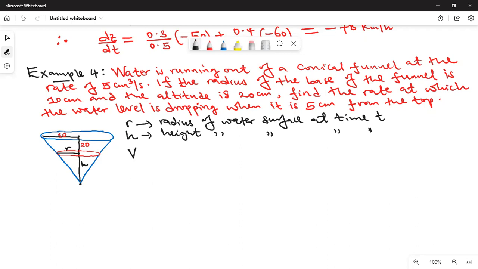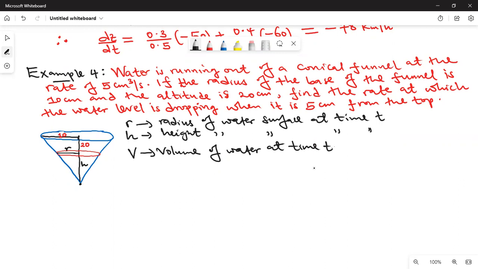Let V be the volume of water in the cone at time t. So now we know those symbols.